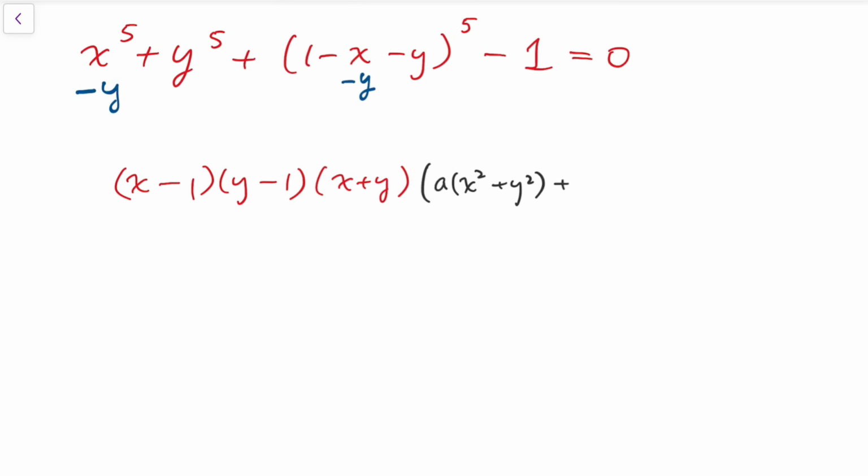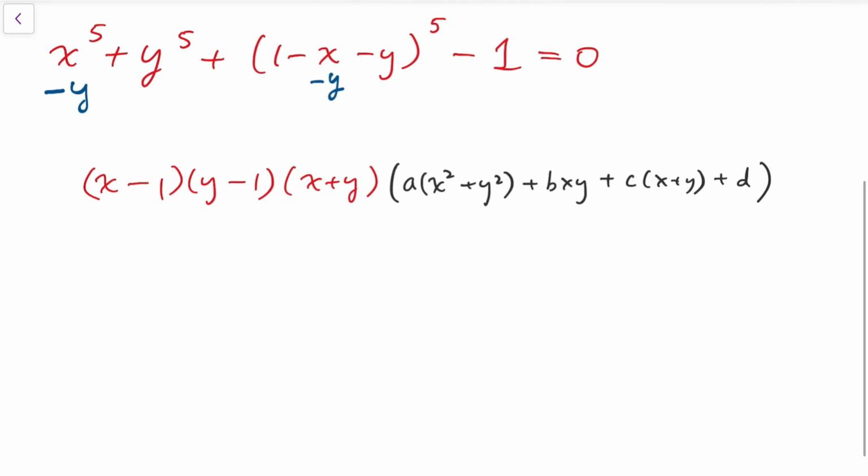So why don't we let that be a? And then we could have some xy, say b times xy. We can also have some x and y, so they should have the same coefficient, say c times (x plus y). And finally, a constant term d. And so this should be the factorized form of the degree 5 polynomial.